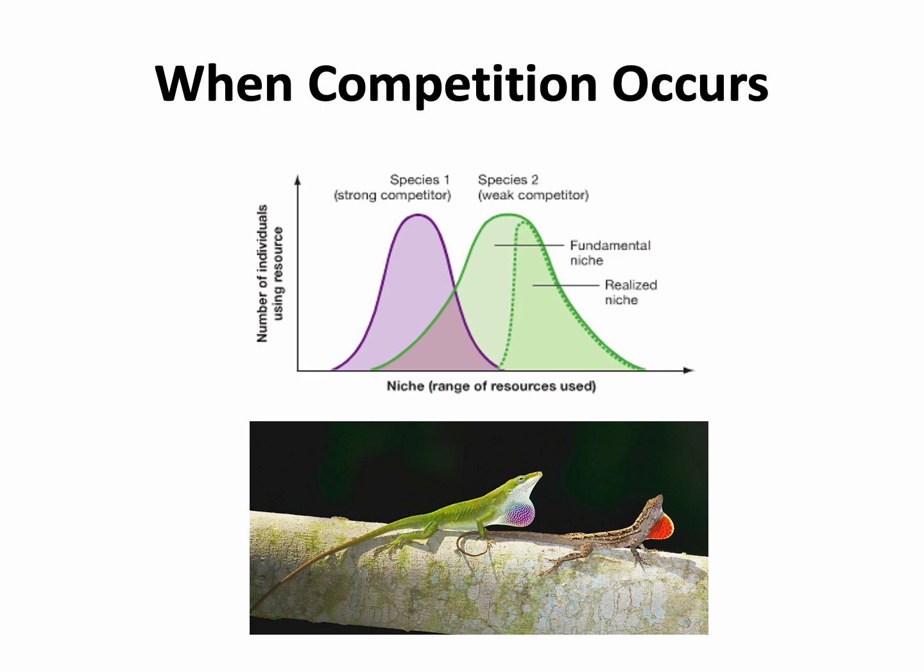A weak competitor tends to see a decrease in particular, going from its fundamental niche to its realized niche. And this could be a problem. This picture right here below kind of shows the problem. This picture is a little bit misleading because the big green anole is actually the species that would be considered the weaker competitor of the two, but it's the native anole found here in the southeastern United States.